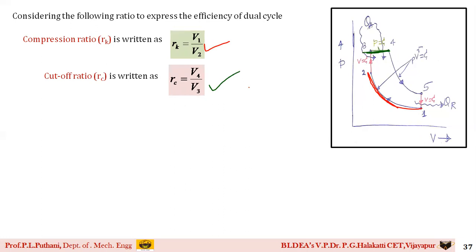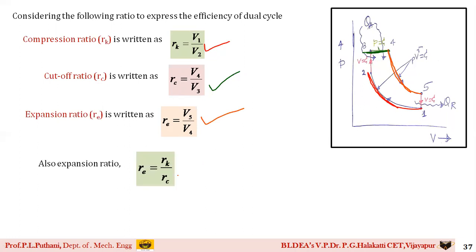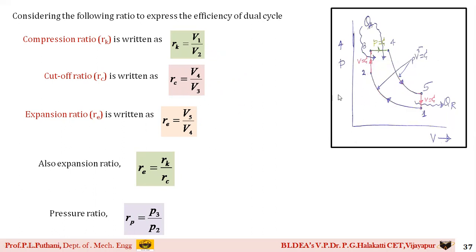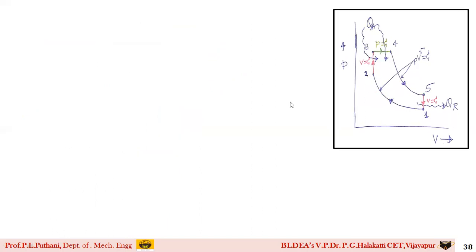Next we have the expansion ratio, the air expanded from 4 to 5, that is V5 by V4, which gives you the expansion ratio. The same expansion ratio I can write in this formula, that is RK by RC also. And finally, the pressure ratio, P3 by P2, gives you the corresponding pressure ratio. Now using these terms, I will be making some small simplifications.